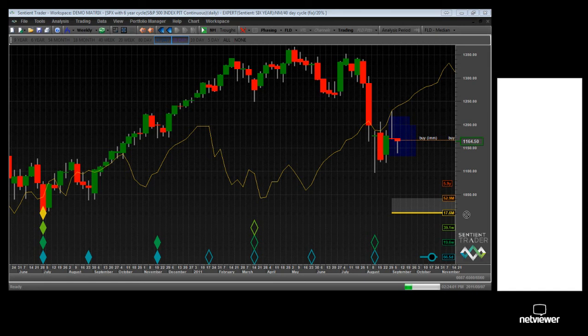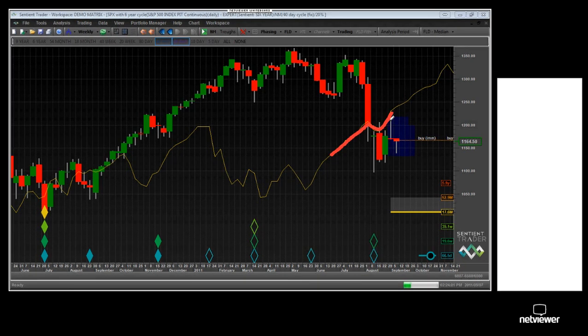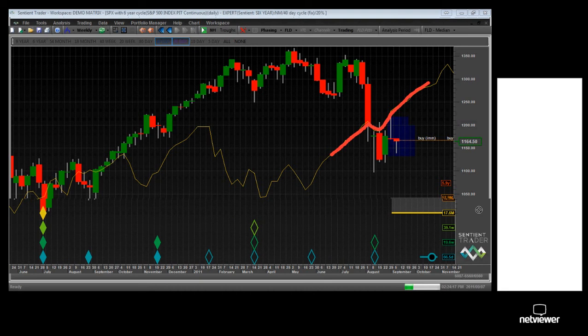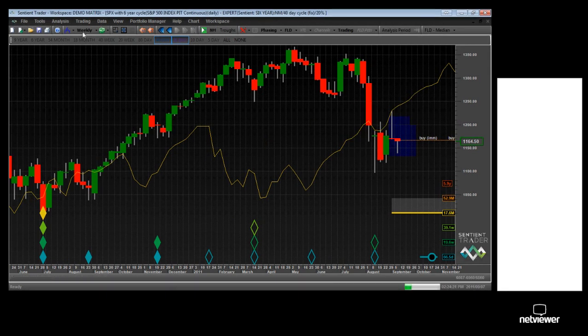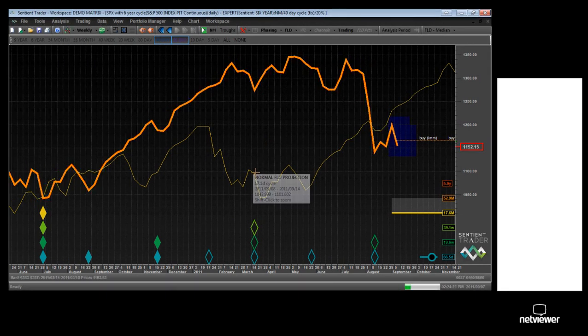And you will notice that over here, let me turn on my whiteboard again. Over here, we have a very exciting moment, which is price has crossed the FLD. As you can see. Now I should suggest something, and that is that we're looking at candlestick charts. It's a much better idea when you're considering FLDs to look at the median chart, because we're interested in median price crossing the FLD, of course.